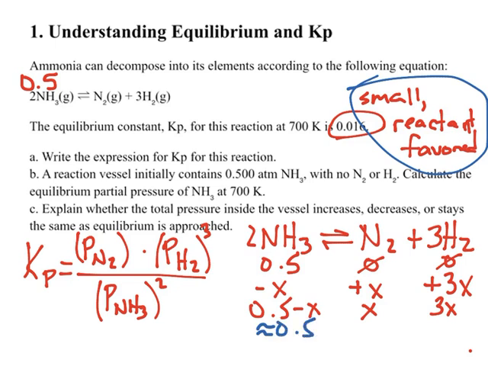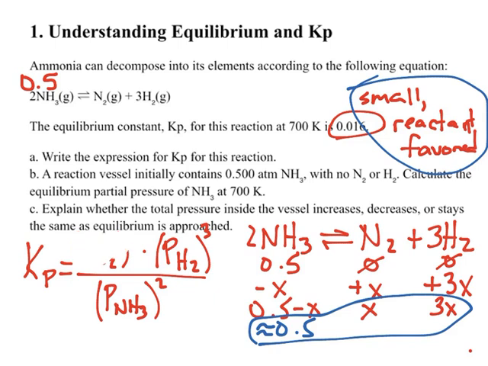So now we can just go through and plug these values into our Kp expression. So let's go ahead and do just that. We'll replace the pressure of the N2 with x. The pressure of the H2 is 3x, and of course that was cubed.